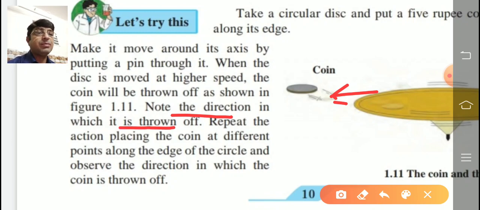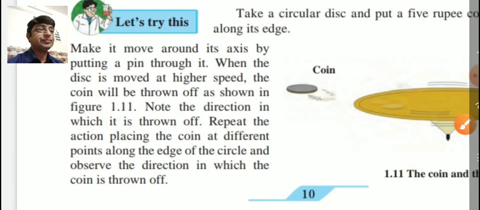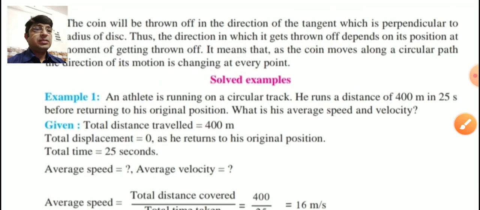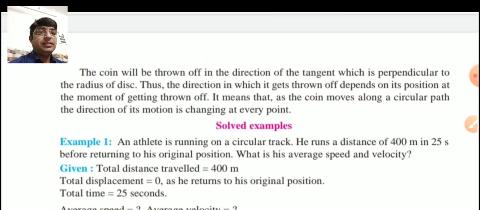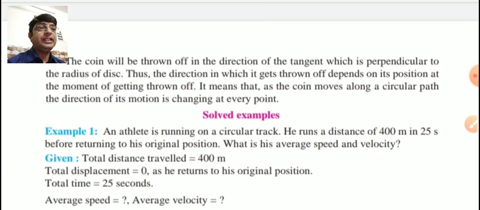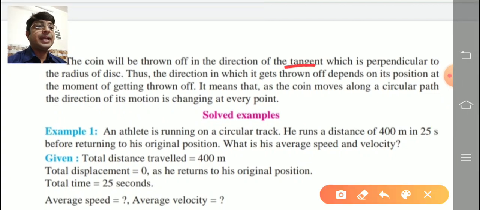Repeat the action placing the coin at different points along the edge of the circle and observe the direction in which the coin is thrown off. So check there. The coin will be thrown off in the direction of the tangent. Confirm it, which is perpendicular to the radius of the disc.